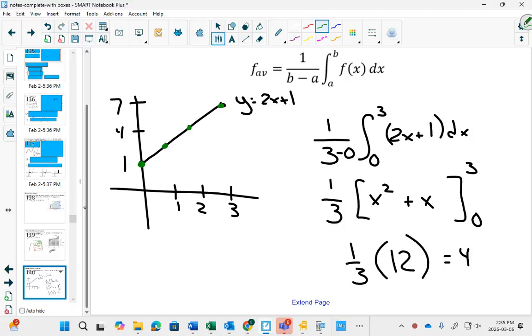What is my class average? 4%. But what's interesting about the average of a function is that it's like you had an infinite amount of students. As a really good teacher, they all scored between 1 and 7%. This is not so good, okay? But it's a nice straight line.